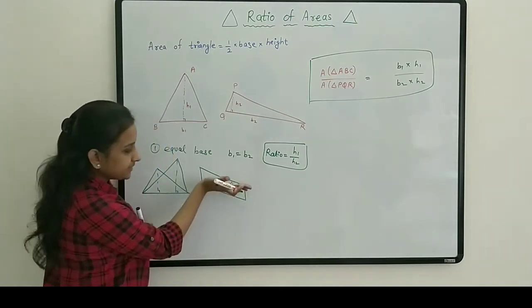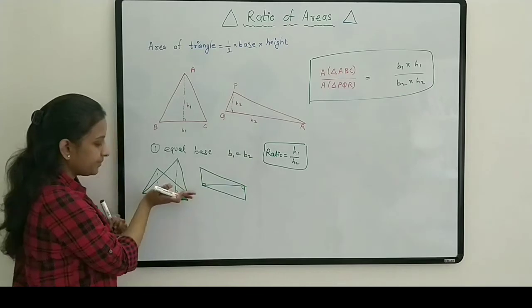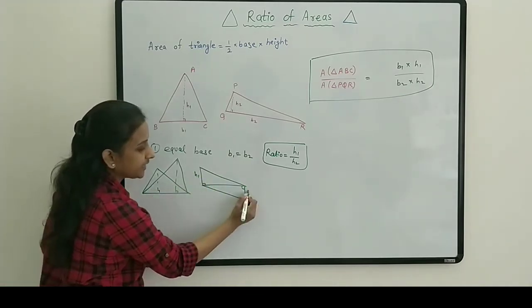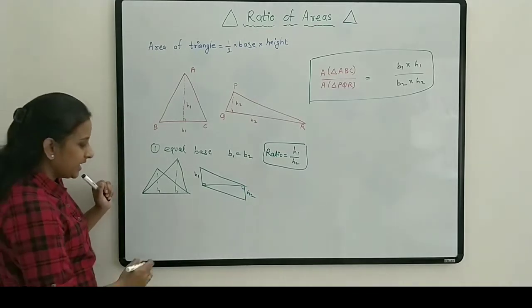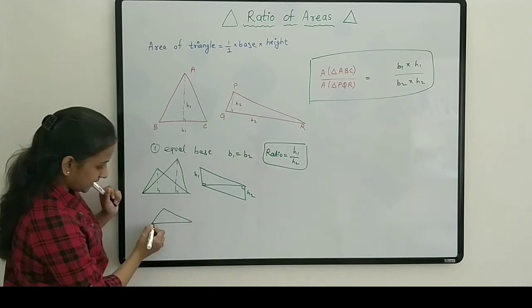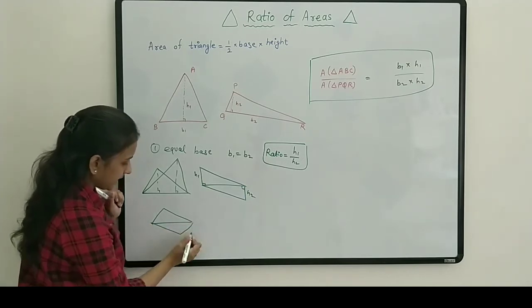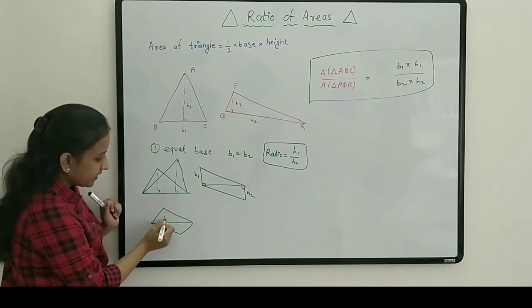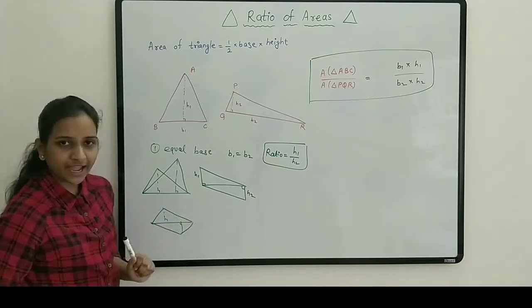For both the triangles, the base is equal. So the ratio of their areas is nothing but the ratio of their corresponding heights. Fine. Two triangles can be like this also. First triangle is like this and second triangle like this. For both the triangles, the base is equal, so the ratio of their areas is the ratio of their corresponding heights.